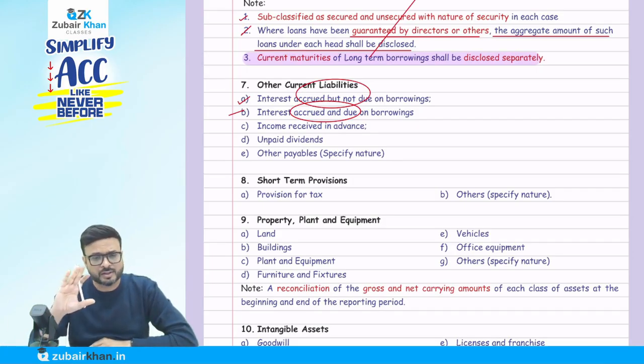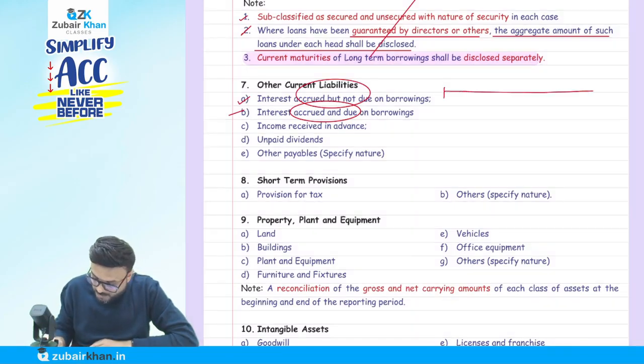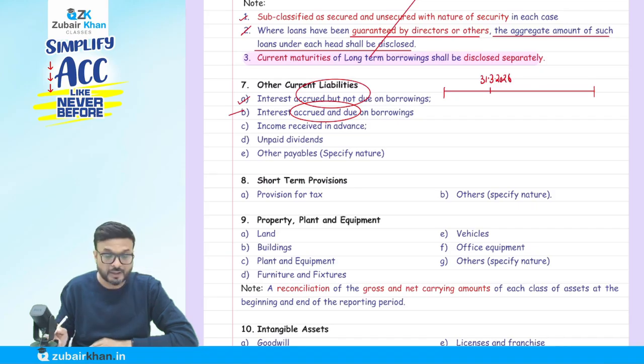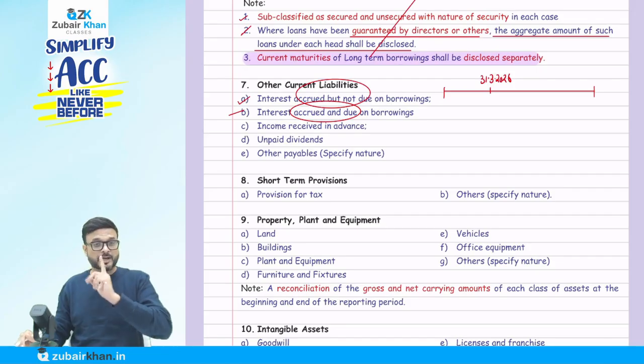You have heard so many times in the past, in foundation or in graduation level, interest accrued but not due, interest accrued and due. Both are current liability, but by meaning there is a difference between them. Let me explain what it means. Suppose your financial year ends on 31st of March 2026.